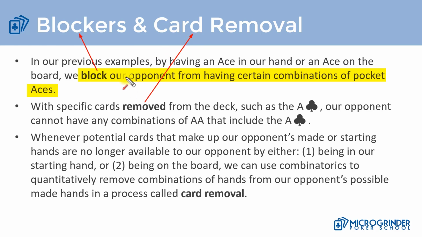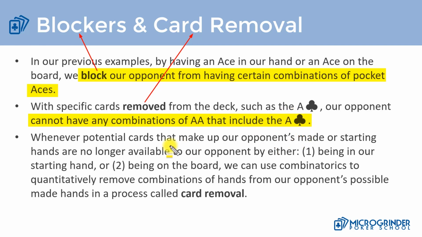So when our specific cards, or the board, remove specific cards from the deck, then the probability or even the actuality of them being able to have a hand is removed. With specific cards removed from the deck, such as the ace of clubs, our opponent cannot have any combinations of pocket aces or ace king or ace queen or ace jack with the ace of clubs.